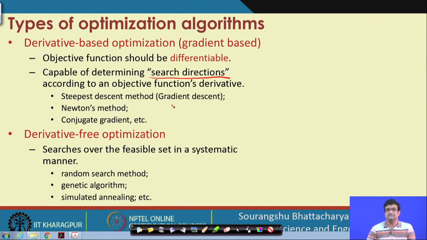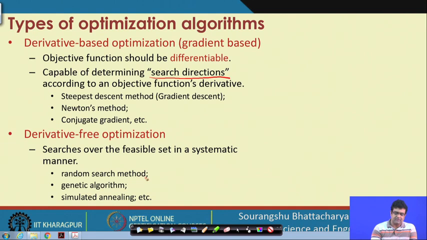These methods are generally much faster and are much more widely used than the second type of objective function. The second type of objective functions, or optimization algorithms, do not make such assumptions that the objective function should be differentiable. However, they generate the possible solutions in a systematic manner from the information that they have gathered till now, and they search over the entire optimization space.